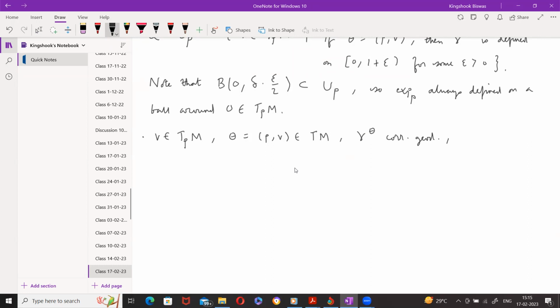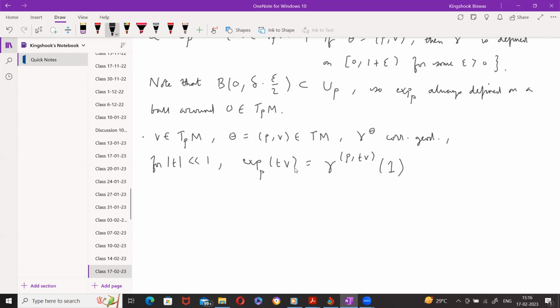So what is, for t small, I can look at xp of tv. This will be well defined because for t small, the length of tv will become small. It will be contained in a ball around the origin where the exponential map is defined, right? So what is this xp of tv? This means basically I look at the geodesic with initial conditions p comma tv, right? And I evaluate this at 1, right?